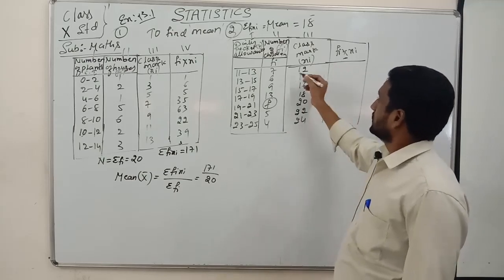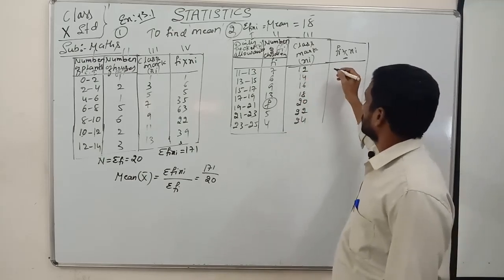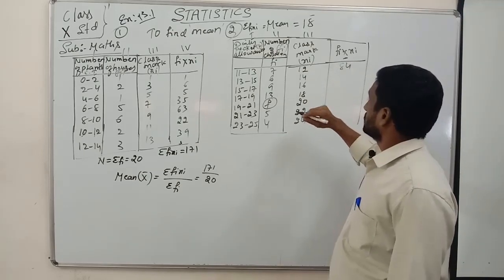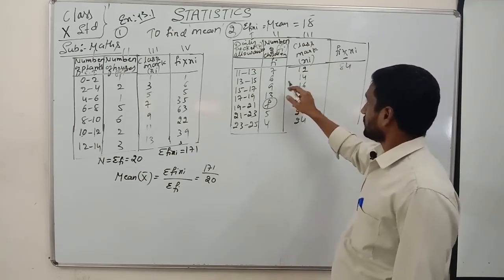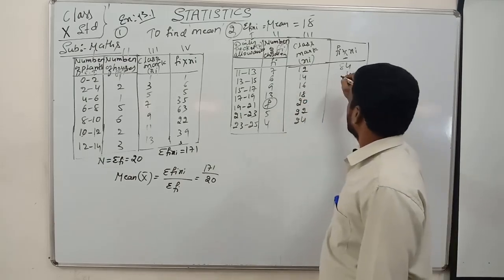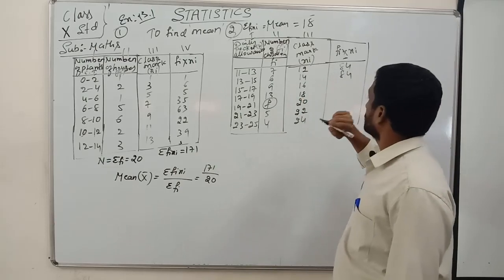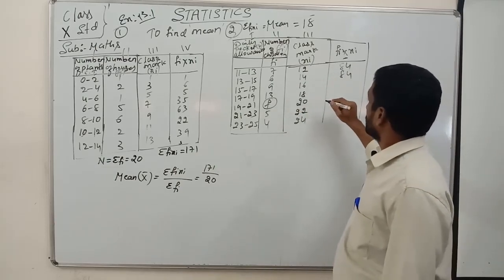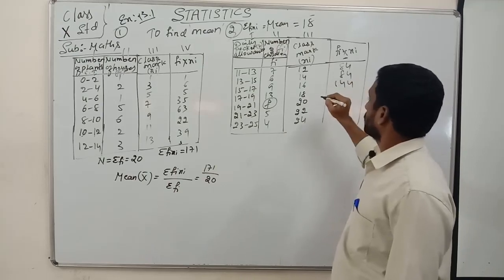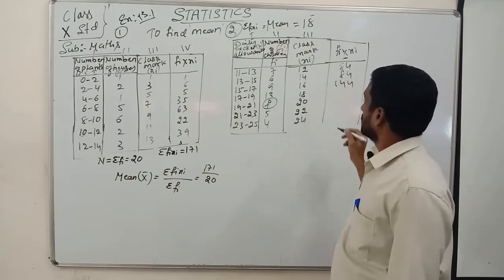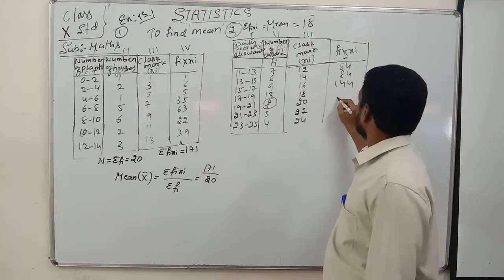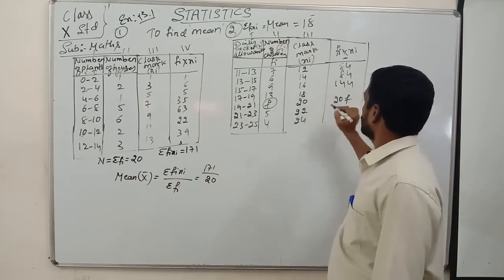How much are we getting here? 12 sevens are 84. 84. And next, 144. Again this is 20f.